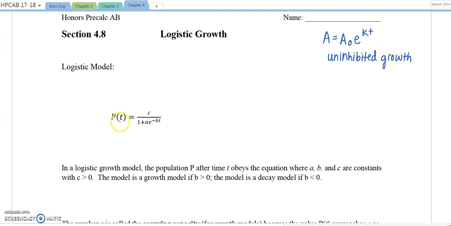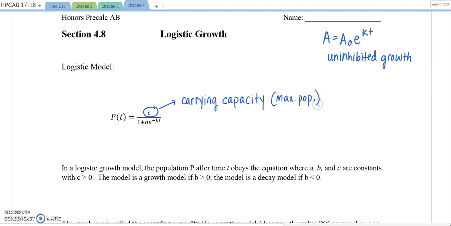So this model here represents the population after time t, where the exponential function is in the denominator, and this c value represents the carrying capacity, which is basically the upper limit on your growth. So that's the highest that it would ever get, the maximum population, if we're dealing with population, which usually we are.